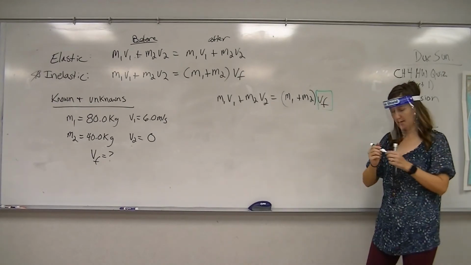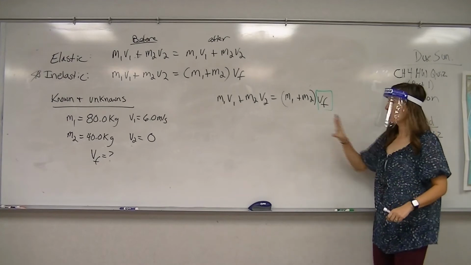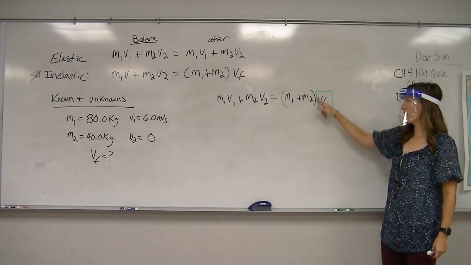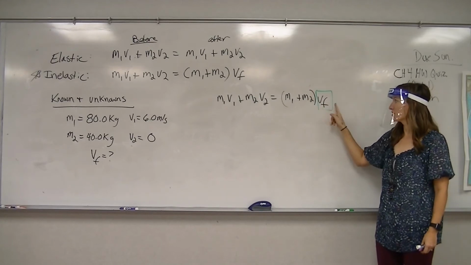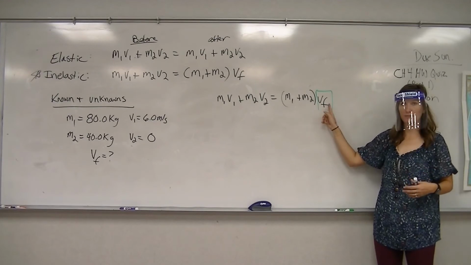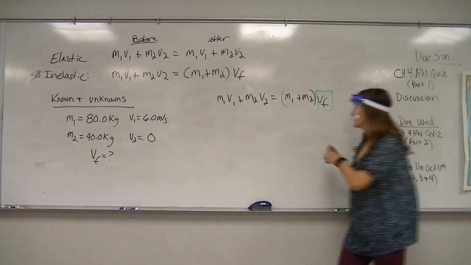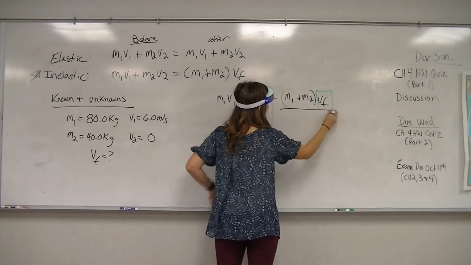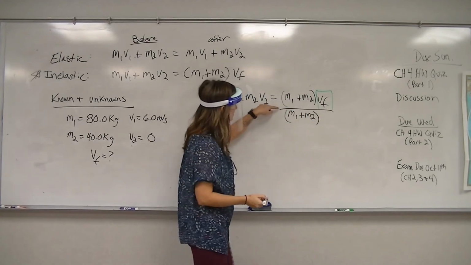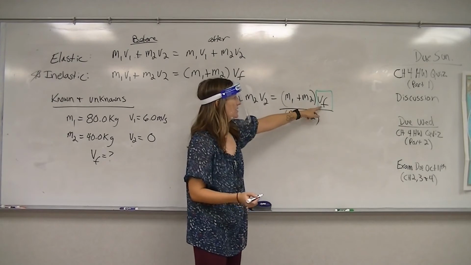for the final velocity. And the reason the mass is in parentheses is we're taking that whole thing once we've added it and multiplying it by vf. So to rearrange, we do the opposite. Instead of multiplying, we're going to divide. So to get rid of it, we can divide by m1 plus m2. That gets rid of that whole thing, and vf will then be by itself.